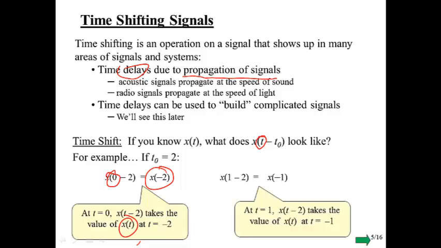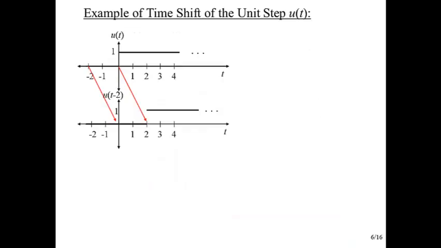Similarly, at t equal to 1, the new function takes on the value of x of t at t equal to minus 1. This illustrates that, and the two red arrows show the two cases we just illustrated, and we're doing this for a unit step function. At t equal to 0, the new shifted unit step function takes on the value of the old one back there.